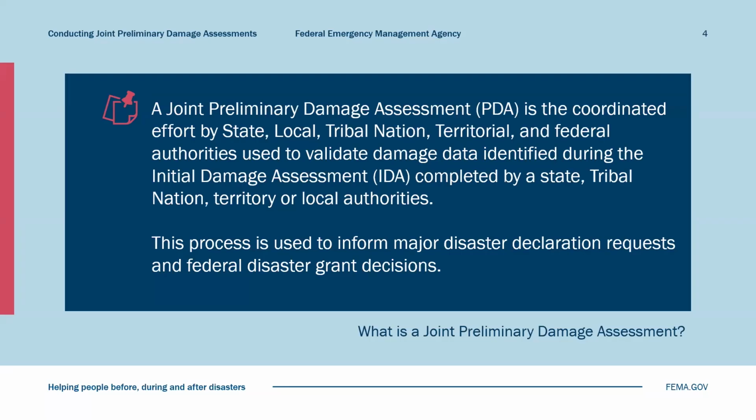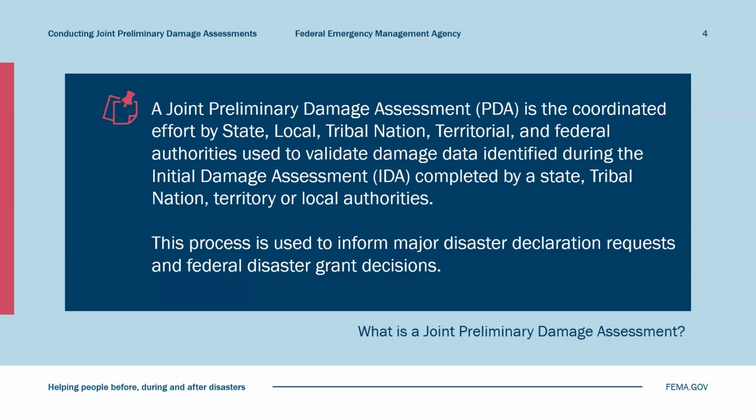Joint PDAs are used to validate the damage identified during initial damage assessments. They provide key data for decision-making at the state, tribal, territorial, and federal levels. The Joint PDA is part of the larger preliminary damage assessment process, which includes the initial damage assessment followed by the Joint PDA.